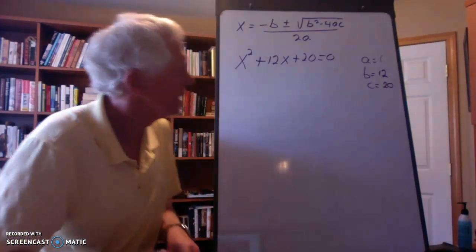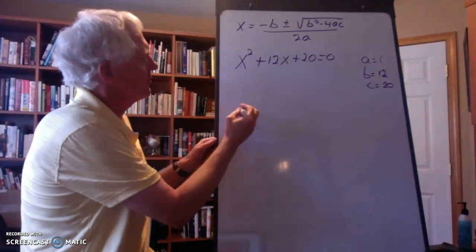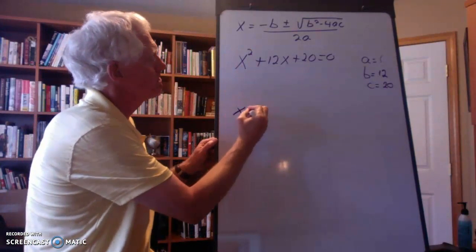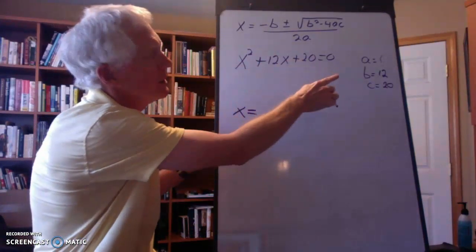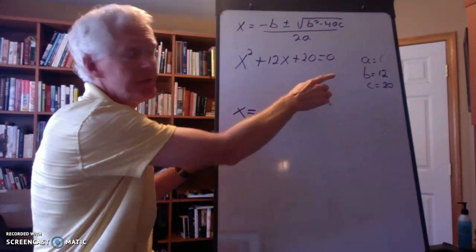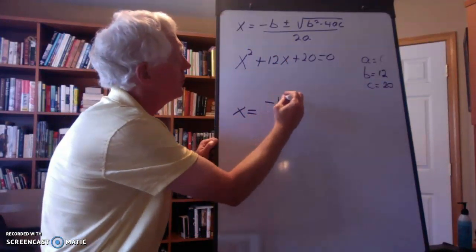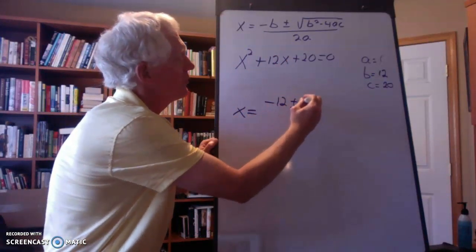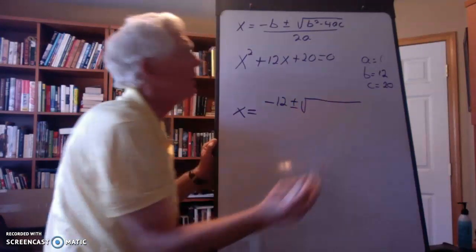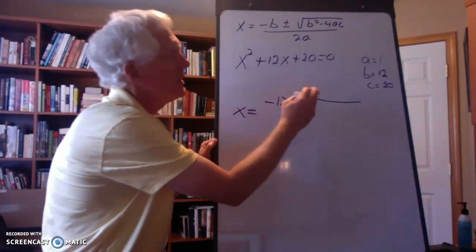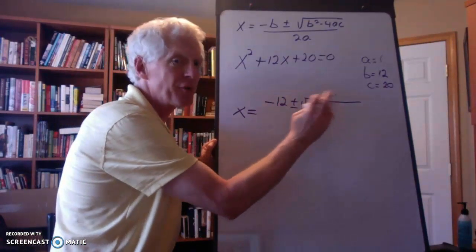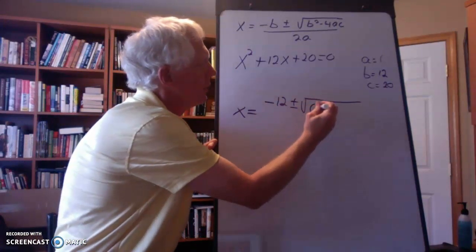All right, so x equals, that's what we're trying to find. Negative b, 12 is the b value, so I have negative 12, plus or minus the square root of b squared. I'm going to write it out, not just throw it in there.